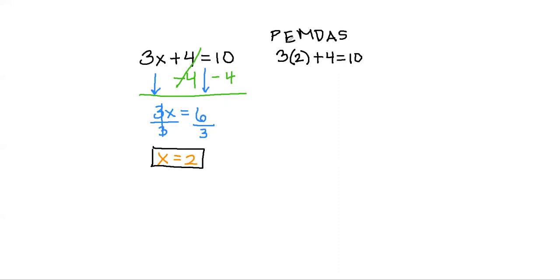We do have parentheses technically, 3 times 2. Exponent, we don't have. Multiplication, we have. Division, none. We do have addition, we don't have subtraction. In the parentheses is just a 2. That's done. So in PEMDAS, multiplication comes first. 3 times 2 is 6. And then we're just going to bring down the plus 4 equals 10.